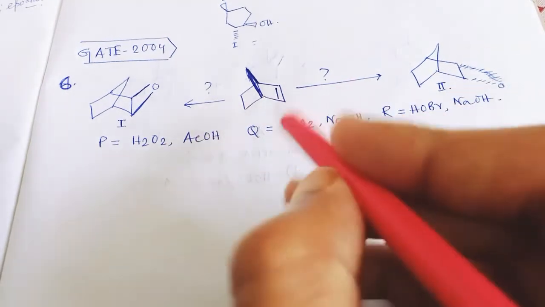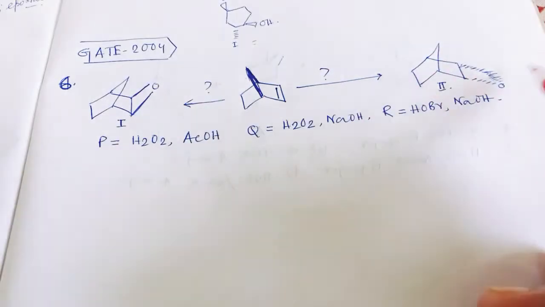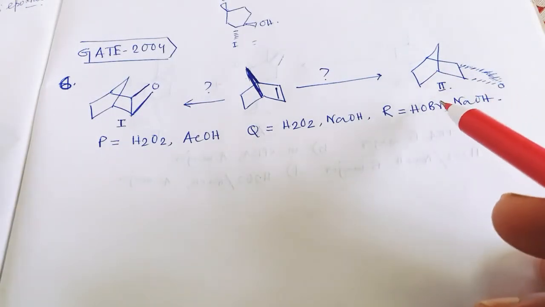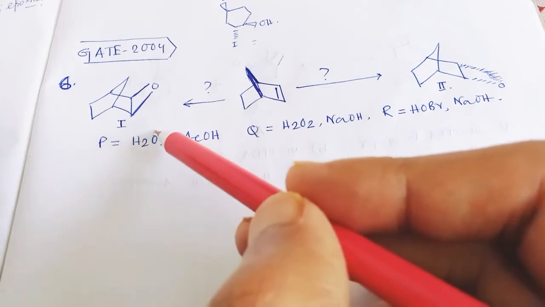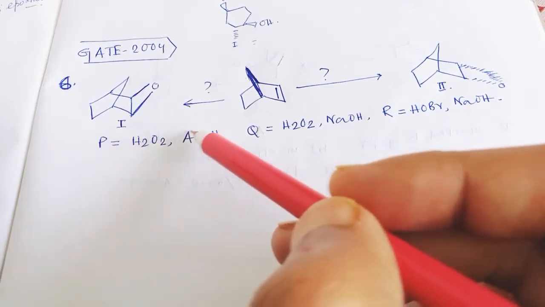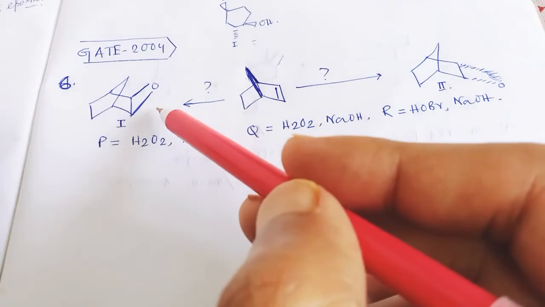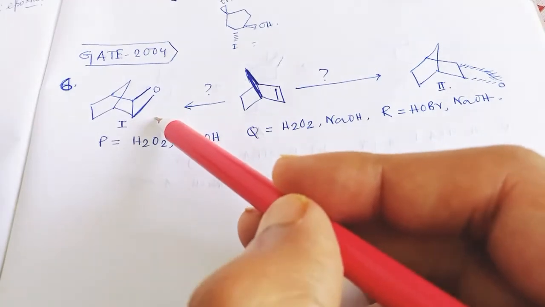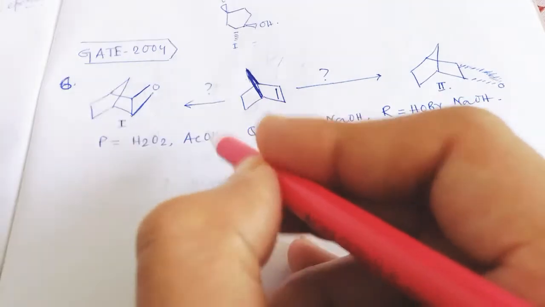So you can see there is cyclohexane there, and one epoxide is above and one is below. If you look at the product P, you can see there is epoxidation in presence of acidic medium, and this will work for 1, simply because why? I am giving you the mechanism.